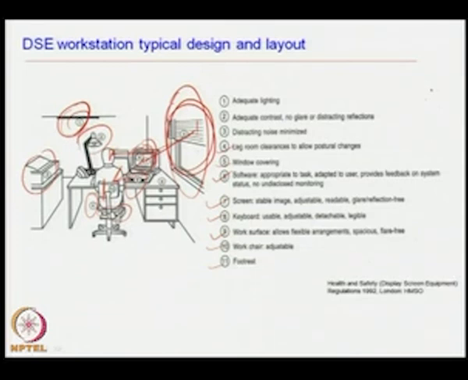Another point is this localized lighting system: if this is the eye of a person and this is a lamp, it gives direct glare. So, the shadow or shield should be such that no light falls directly on the eye, it should fall only on the object of interest. So, like that the height has to be adjusted.